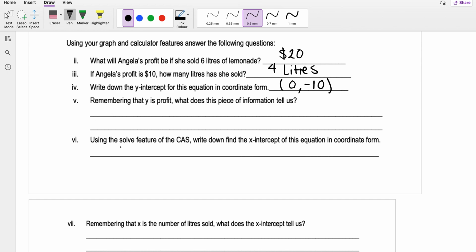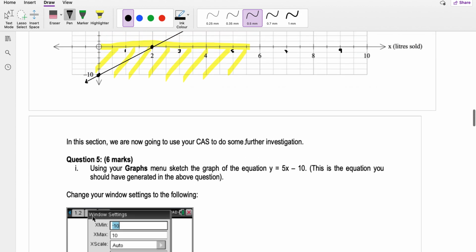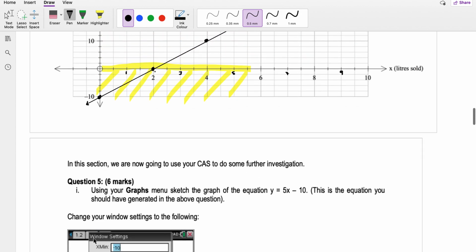Then it says, using the solve feature of your CAS, find the x-intercept of this equation in coordinate form. We can find the solve solution, but honestly, in a test, you want to do things as fast as you can. We don't need to. We already have the information in so many ways. We have it in our graph. Here, we can see that our x-intercept is 2, 0.